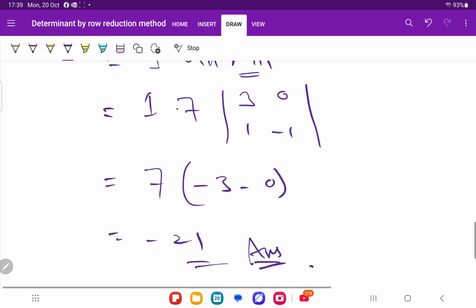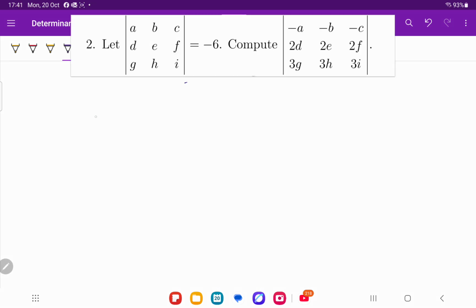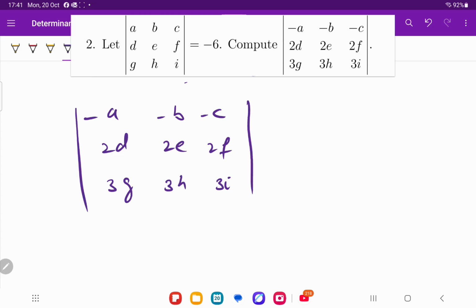So you will write your matrix. In a determinant you could extract any common element from any row or any column.